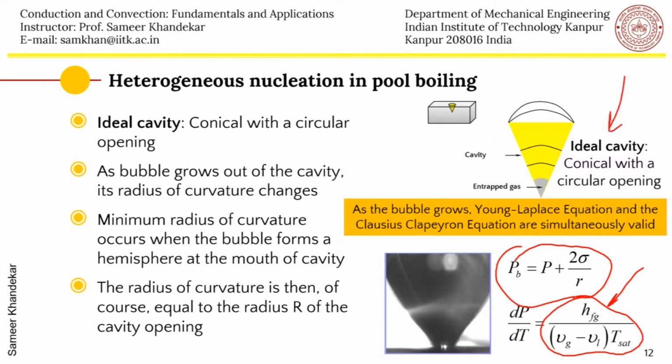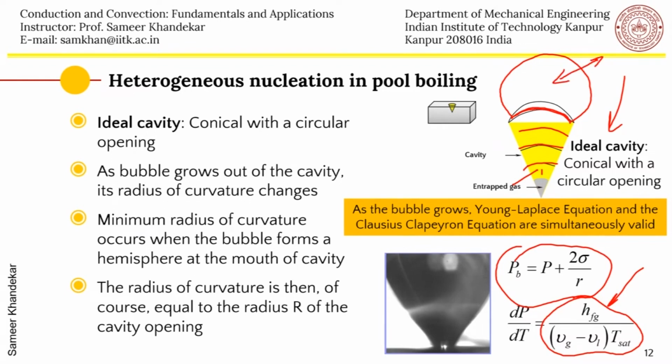Now if it has to grow further, this Clausius-Clapeyron equation must be satisfied, and simultaneously the Young-Laplace condition we just saw should also be satisfied. So as the bubble grows, the Young-Laplace and Clausius-Clapeyron equations are simultaneously valid. In this, of course, we assume a quasi-steady growth, and there are no metastable conditions.